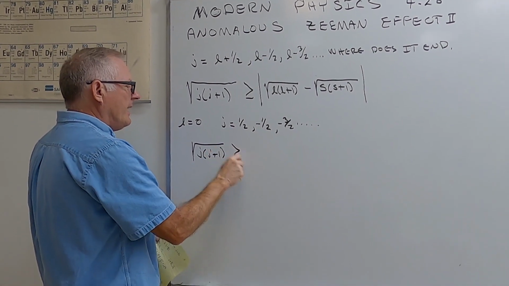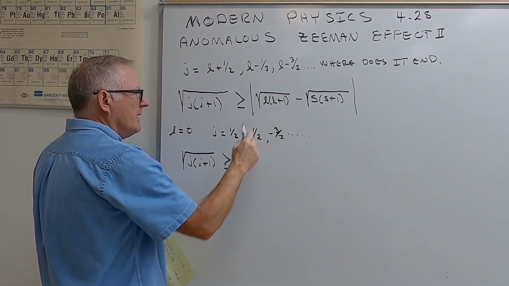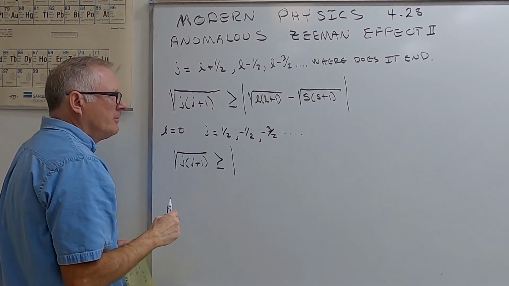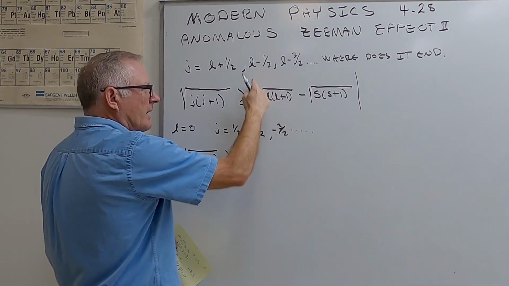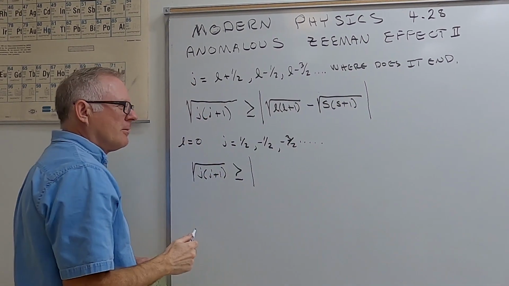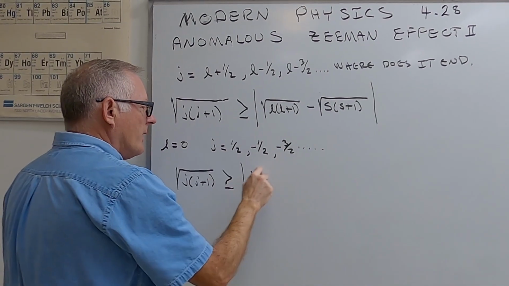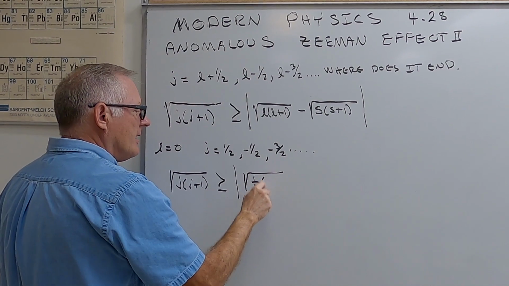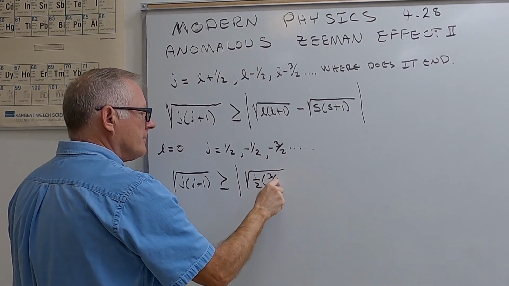It's got to be greater than or equal to, L is 0, so that whole thing is just 0, minus, but we're doing the magnitude, so that's just a plus, the square root of S, which is 1/2, 1/2 times 3/2.